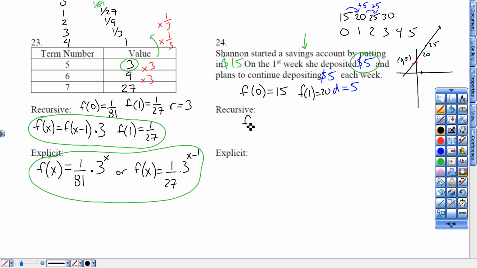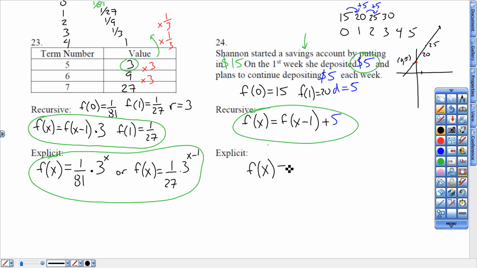Recursive: plus that D number. Explicit, using first term and 0 term. This is not geometrics. Don't use the exponential one. This is where I put that adding number, the depositing each time number in front of x, plus the y-intercept number, or how much was in the bank before this whole situation started.